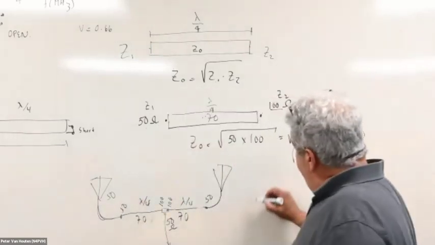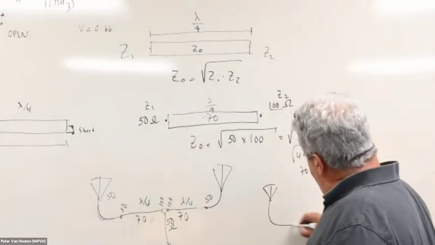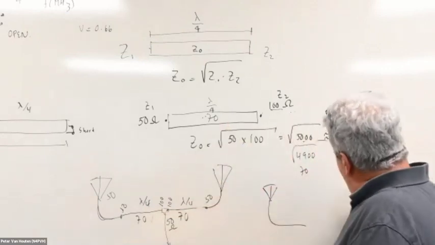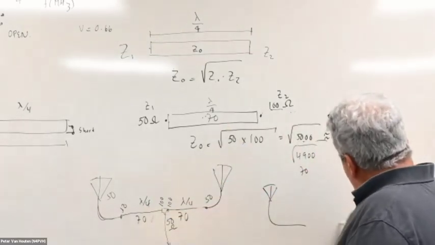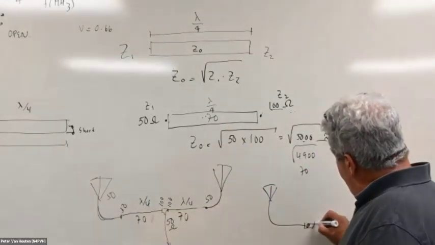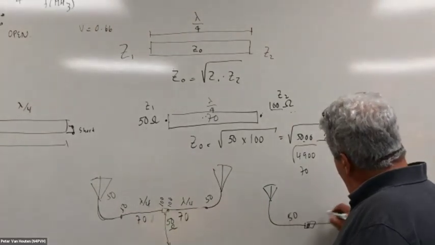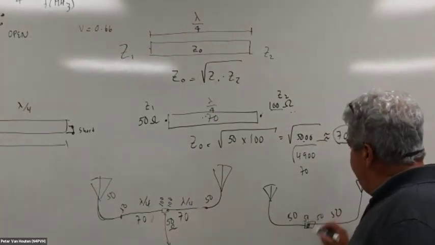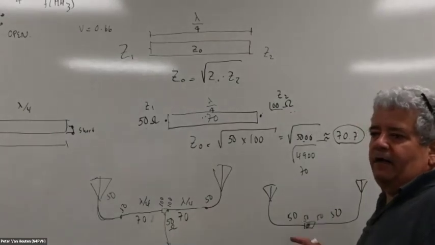What is the problem? If I get my antennas without any transformation with this quarter wave line, and I connect them right here with just a T, every cable here is 50 ohms. I'm going to have 50 ohms and 50 ohms in parallel.